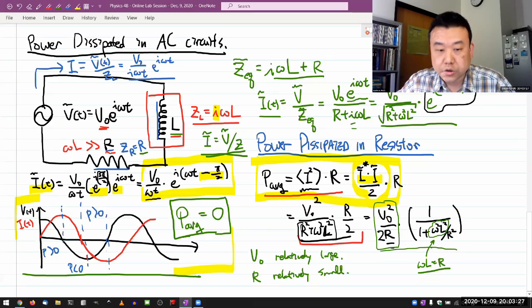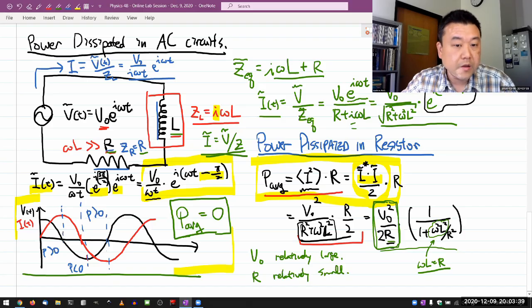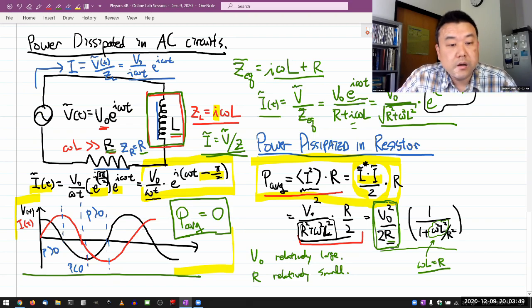What you see here is that there's a fairly large power dissipation in this resistance R, which is only incidental to this setup. This whole device mostly has inductance, and this R could be the resistance of the wire. So there's a lot of power that's wasted on the wire.